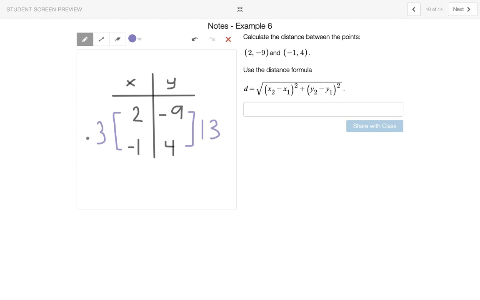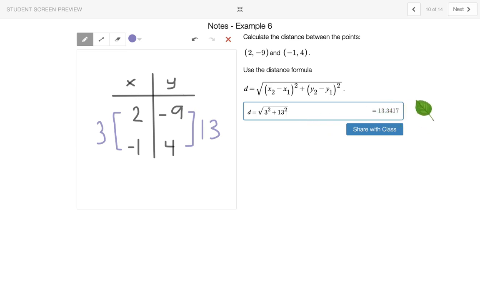So we have a horizontal distance of 3, a vertical distance of 13. So x2 minus x1 is 3, y2 minus y1 is 13. So that equals 13.3 to the nearest tenths place. It's fine to leave your answer this way and allow the calculator to calculate it for you.